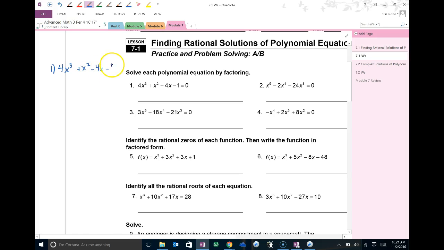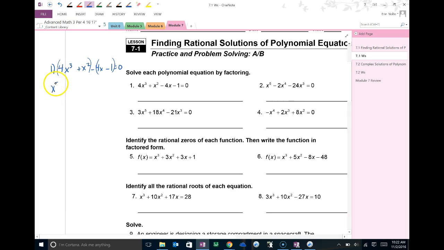Okay, so if I was going to do this by grouping, you can group the first two and group the last two. And what's the greatest common factor of the first quantity? X squared.